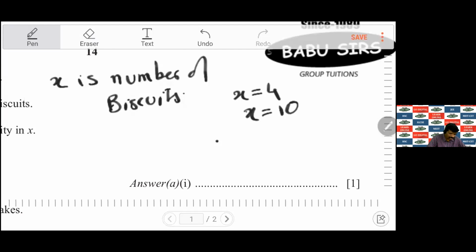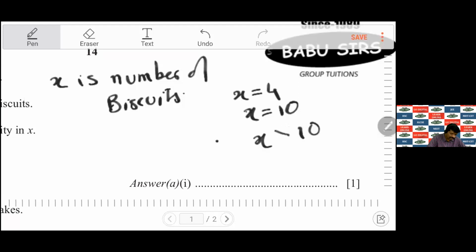Now if she is told to buy less than 10 biscuits, X is smaller, less than 10. So the pointed end of the sign should be towards X, not towards the 10.